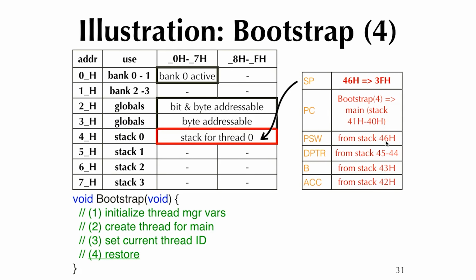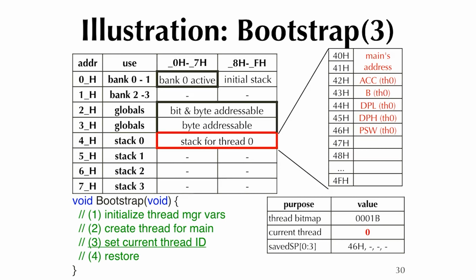PSW gets 46, including the register bank selection. DPTR gets 45 to 44, B gets 43, ACC gets 42, and then 41 and 40 would have the address of main, right? 41 and 40 have the address of main.